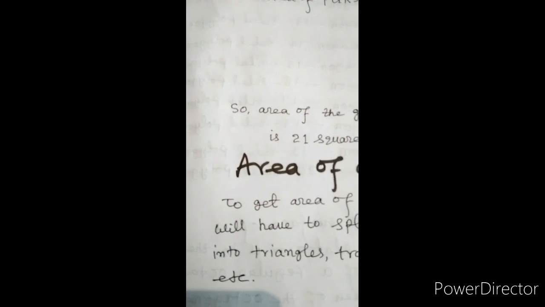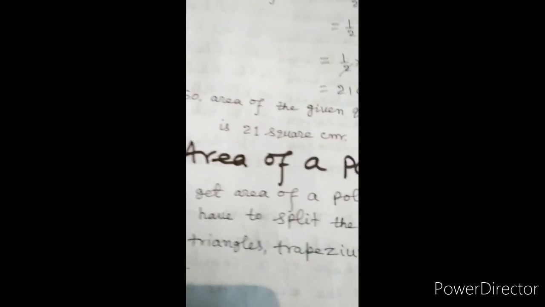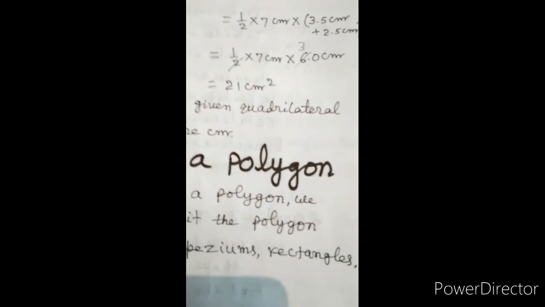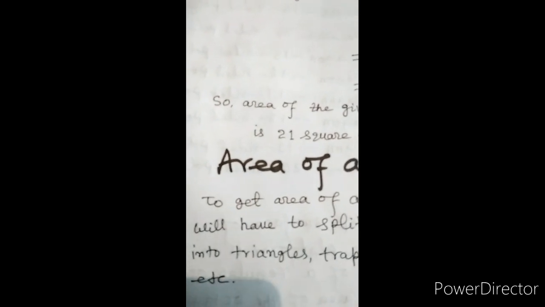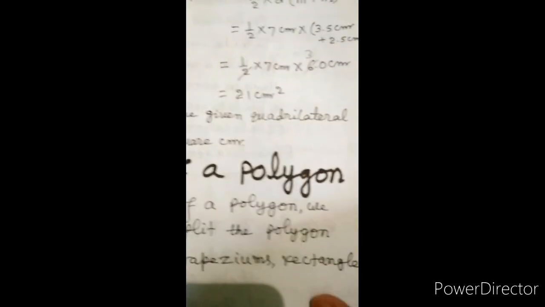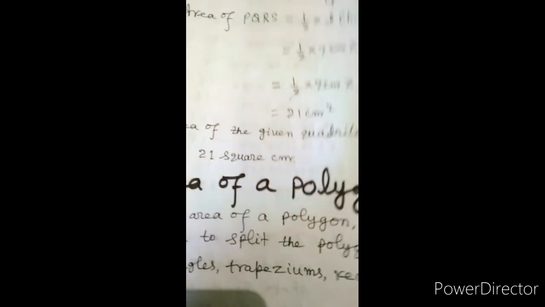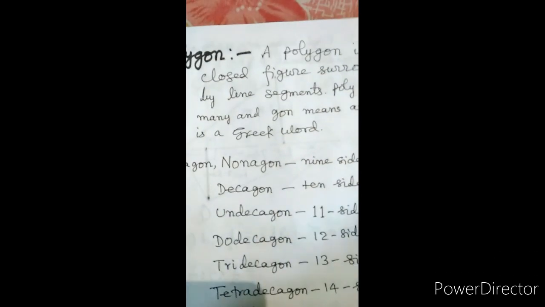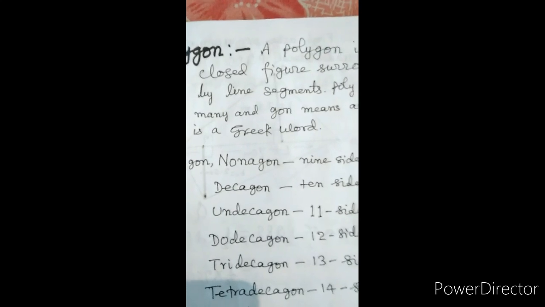After that, pentagon. If there are 5 line segments, then it is a pentagon. If there are 6 line segments, then it will be a hexagon. If there are 7 sides, then it is a heptagon.